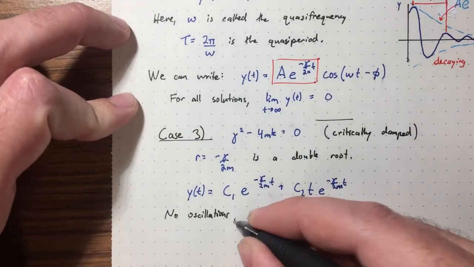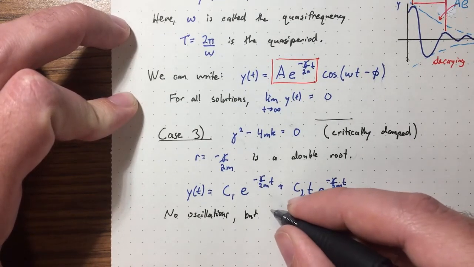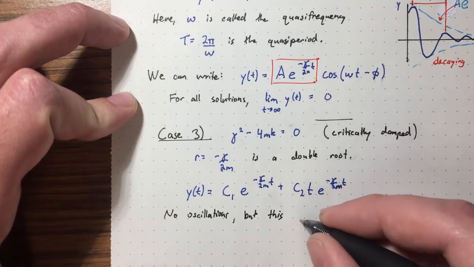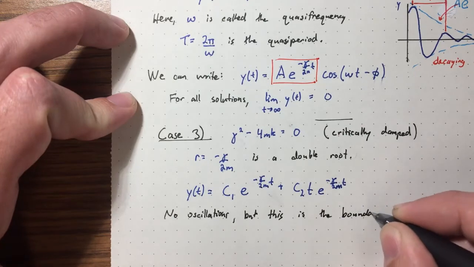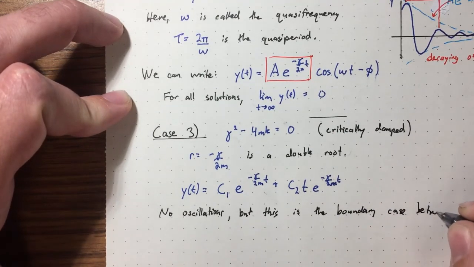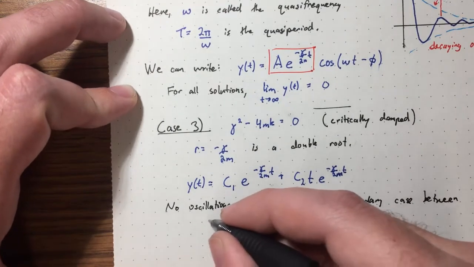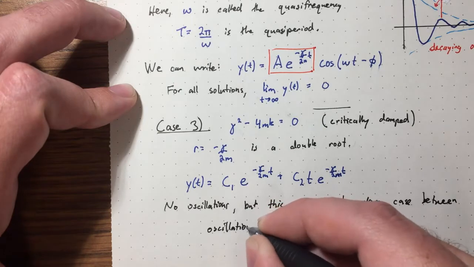So there's no oscillations. That's the key. But we're very close to having oscillations. So this is the boundary case between oscillations and no oscillations.